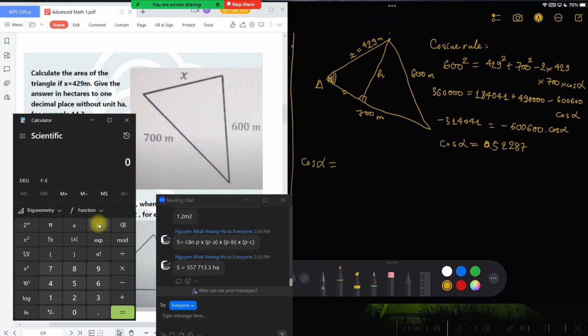Let's call it ABC, okay? And then D here. Apply the formula for the area of a triangle when you know three sides, then plug the numbers in. But the problem is most people wouldn't remember the formula. There must be another way around if you don't remember it.